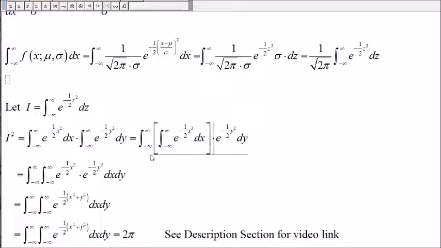And so it would be the same if we move e to the negative 1/2 y squared inside. And so e to the negative 1/2 x squared times e to the negative 1/2 y squared is the same as e to the negative 1/2 times x squared plus y squared.